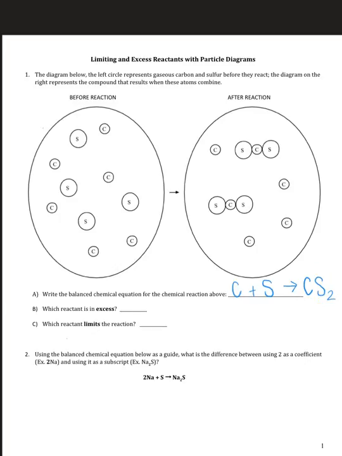Now, we are not going to look at the number of reactants and number of products in the diagram to guide us in how we balance. We are simply going to look at our chemical equation here and balance it here. The reason we only look here is because we want the simplest ratio of reactants to products. We don't want to look at what we have in our beakers.